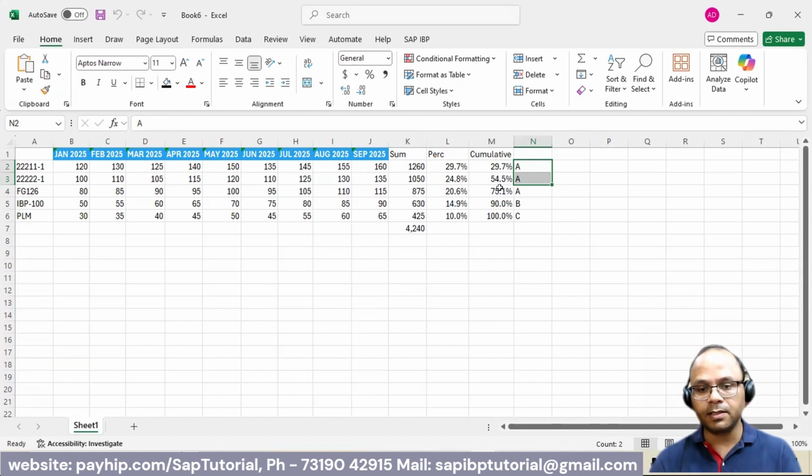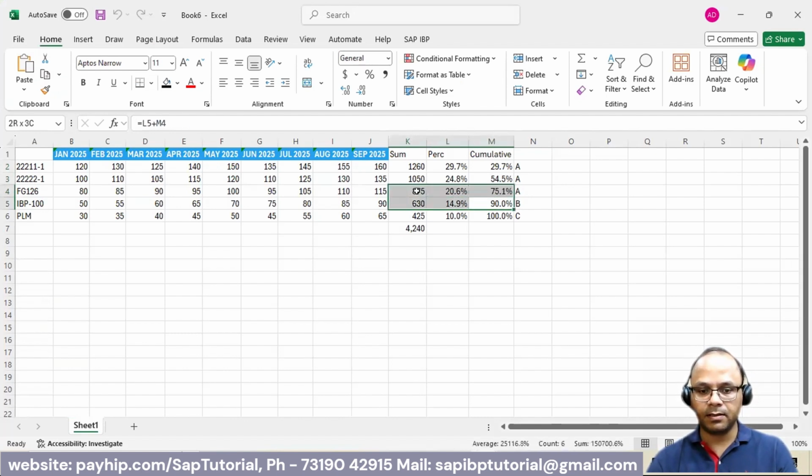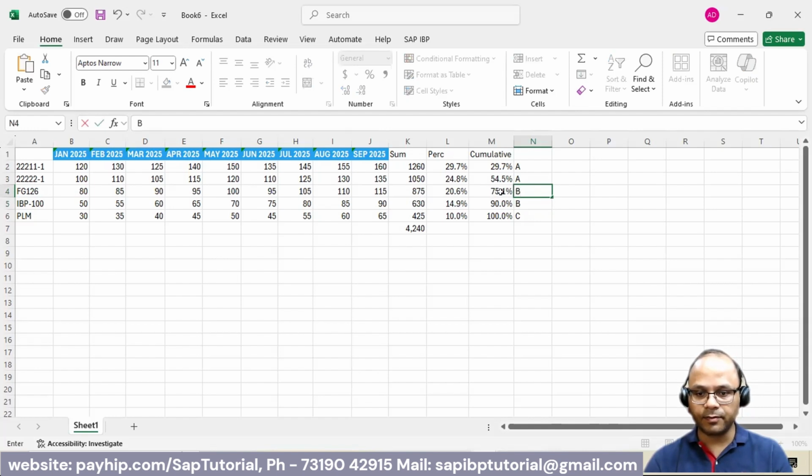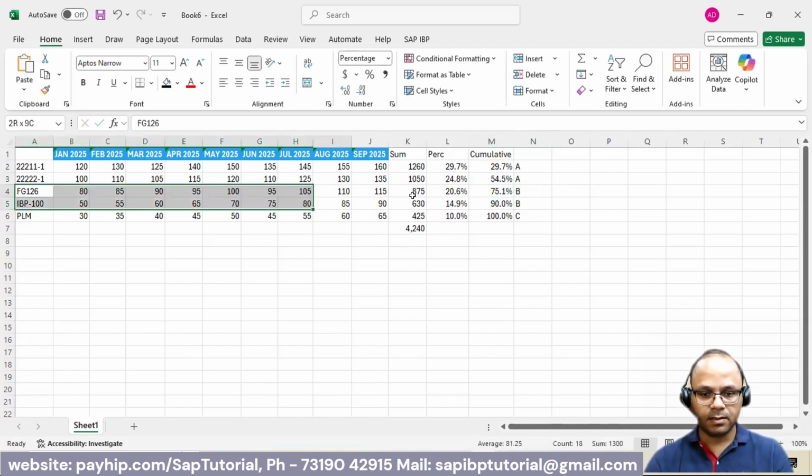So 50 plus 30 is 80. Out of these two, this belongs to the 75%, and this also covers the 80%. And we will see why this also comes under B. So this product is classified as B, and these two products are classified as B.